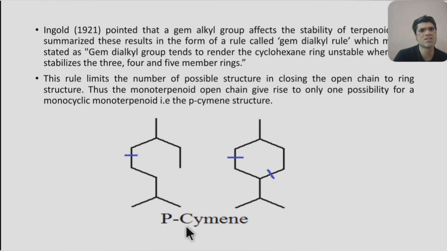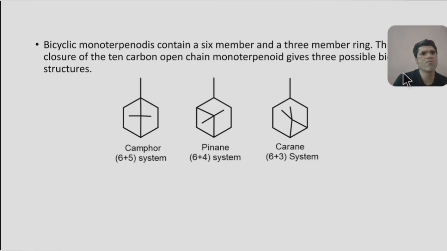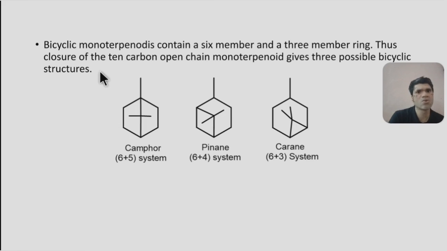So in this case, paracymene, when ring closure takes place, gives a 6 membered ring. So this is just one product. Next, bicyclic monoterpenoids containing a 6-membered and 3-membered ring. Thus ring closure of the 10 carbon open chain monoterpenoid gives 3 possible bicyclic structures.